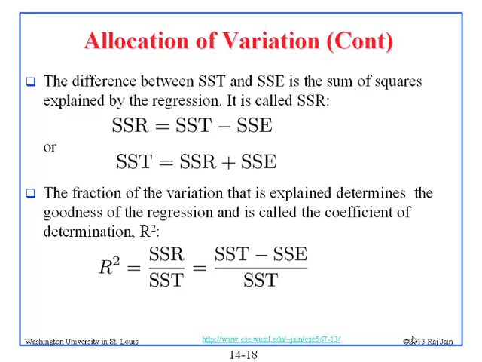With the regression, you have reduced the errors from SST to something less, and that difference is called sum of squares due to regression, or explained by regression. So SSR is simply the difference that you have reduced.